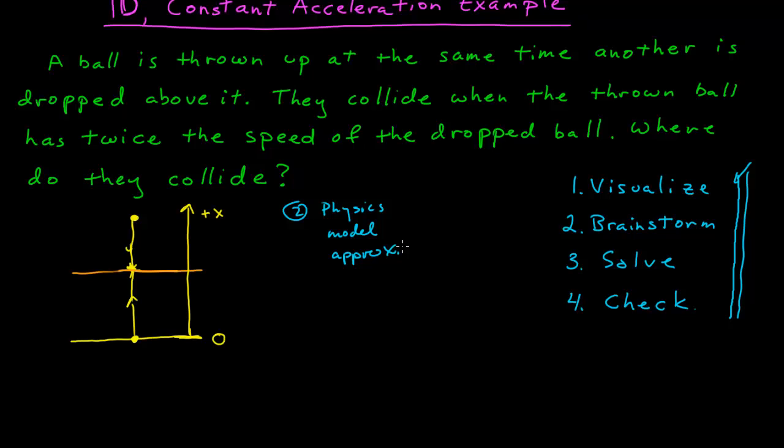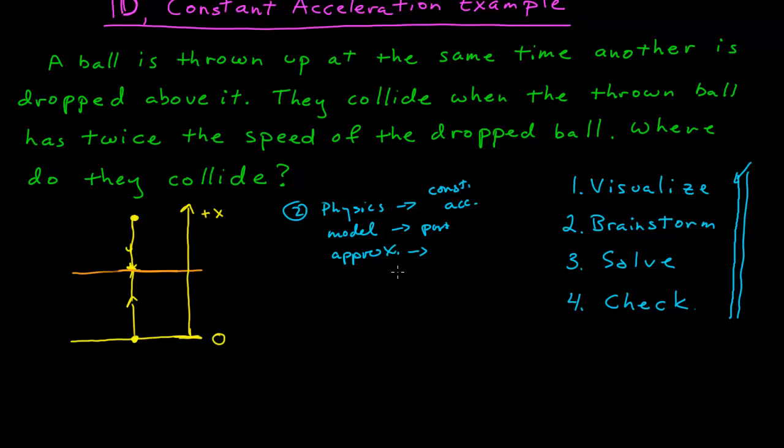And in a problem like this, some of these are pretty straightforward, but this becomes more complex as you learn more physics. So the physics that applies, I think we've studied our constant acceleration equations, so I think we'll be using those. We're going to use the particle model, of course, representing these balls by individual points. We've got constant acceleration as our approximation.